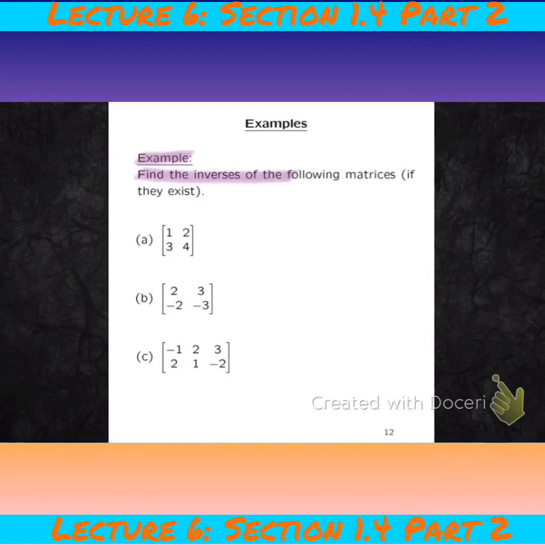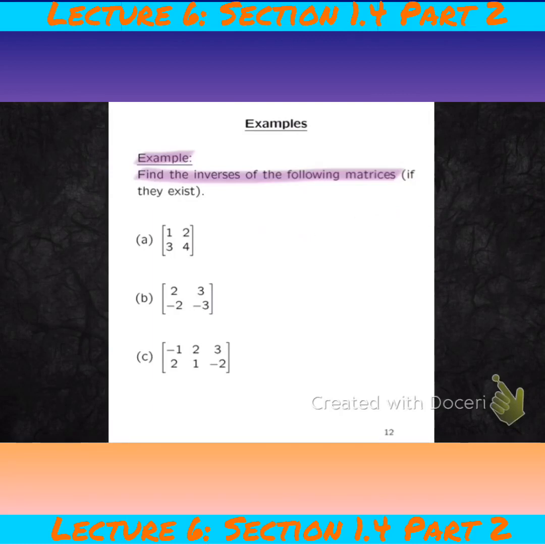Here they ask us to find the inverses of the following matrices. For the first matrix, the determinant is 1 times 4 minus 2 times 3, which is 4 minus 6, which is minus 2, and that's not 0. So that matrix is clearly invertible.